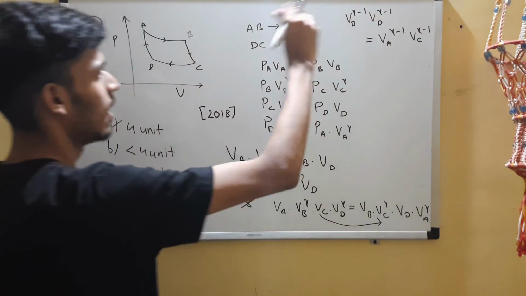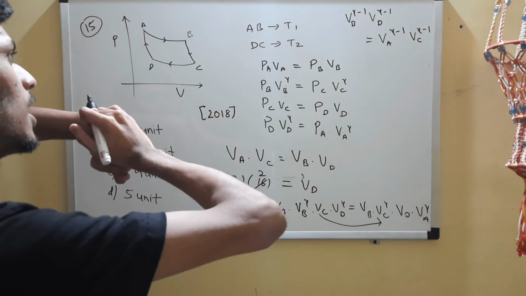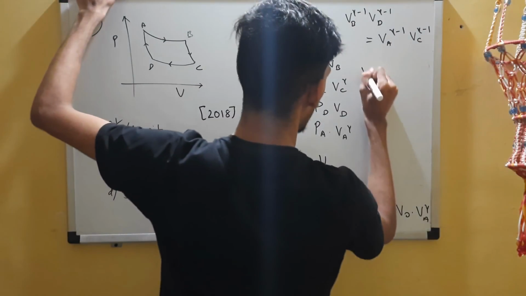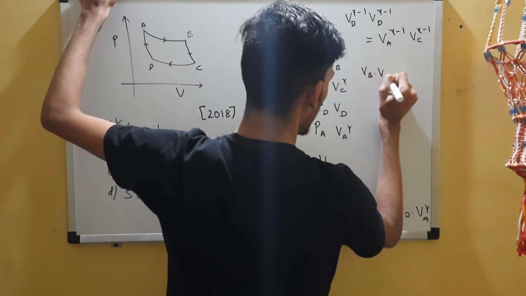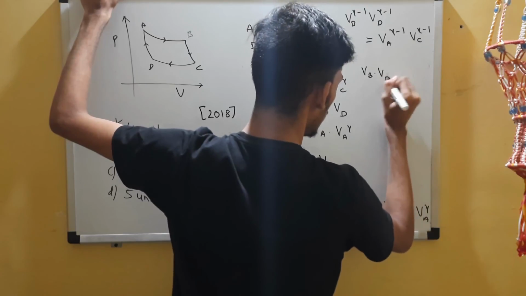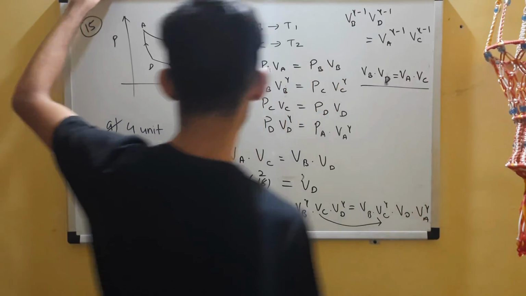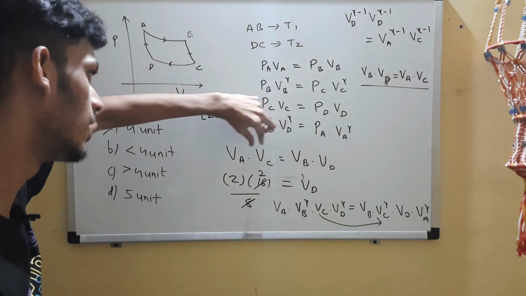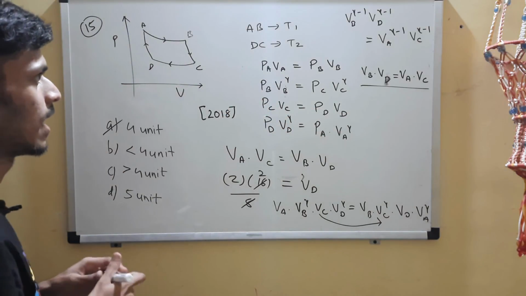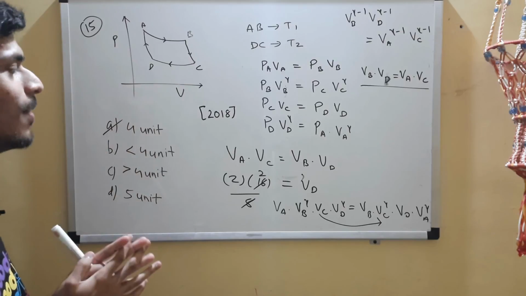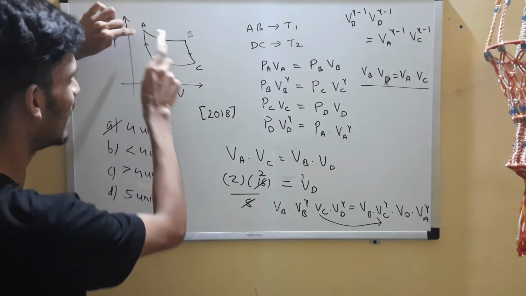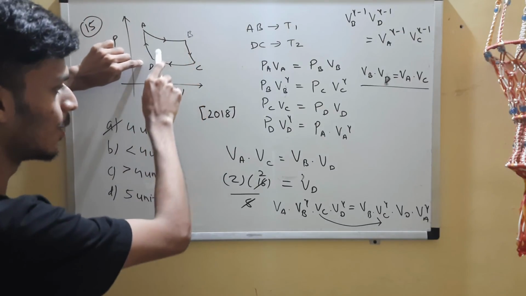So on both sides, the terms are raised to gamma minus 1. You can just remove that, and you will get the result: VB into VD equals VA into VC.